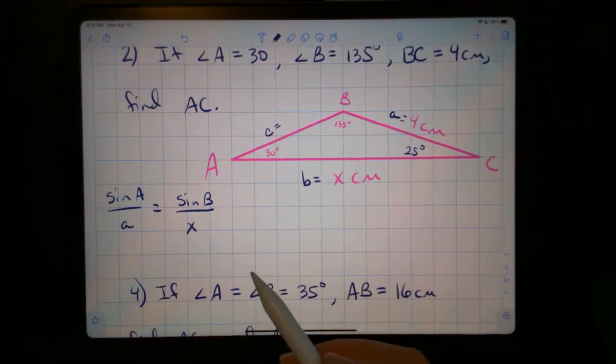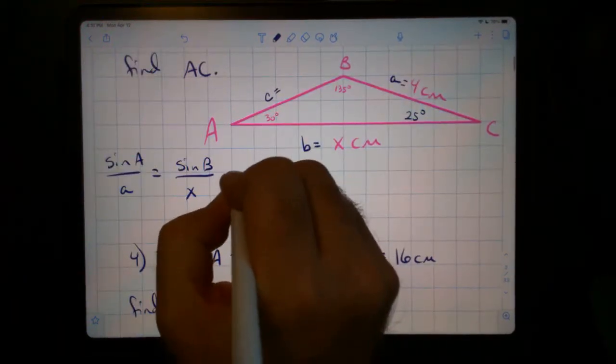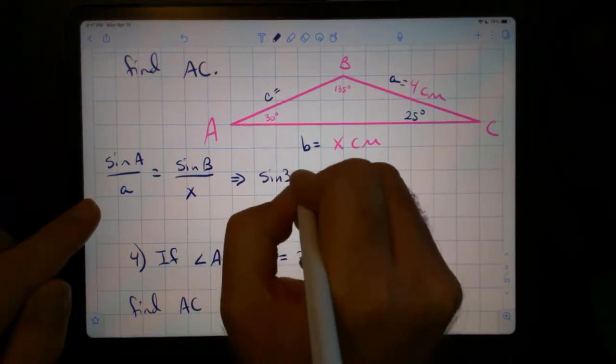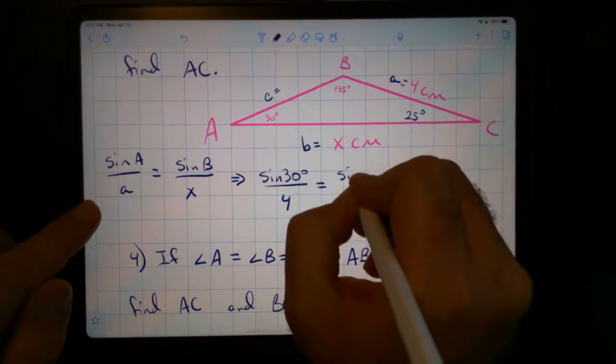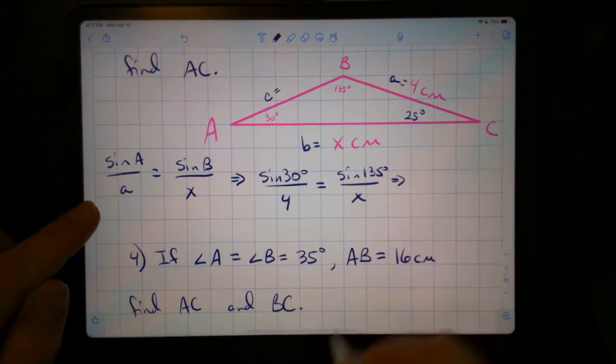Now the inverses are also fine, I'll work with this. So we have sine of 30 degrees over 4 is equal to sine of 135 degrees over x.